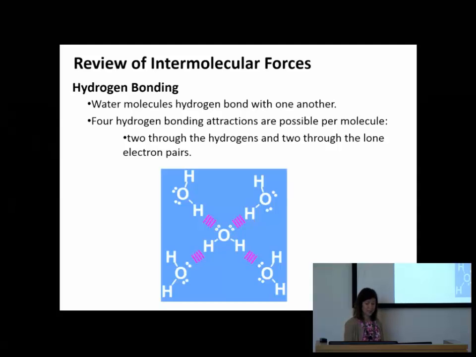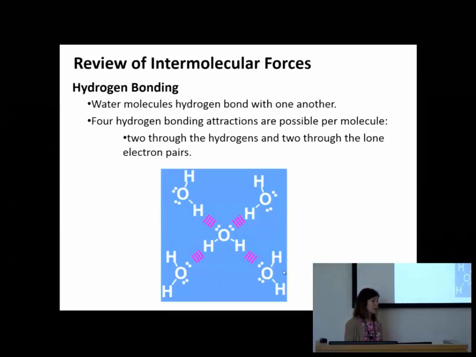That's a lot. It's a little baby molecule, very small. But we have 4 possible interactions with hydrogen bonding. So again, we already defined hydrogen bonding, but I just wanted to mention that water is our biggest player, and these interactions make the boiling point and melting point so much higher.